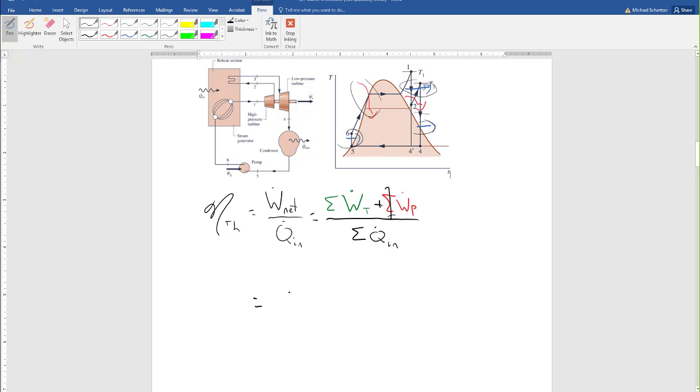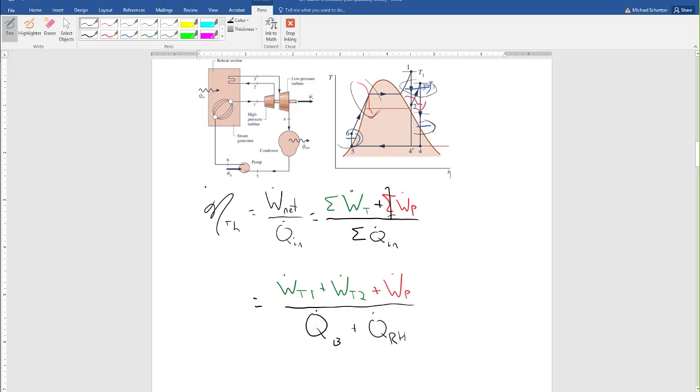So here, I'll stay with this color coding, W dot of T1 plus W dot of T2 plus W dot of the pump divided by Q dot of the boiler plus Q dot for the reheat process.